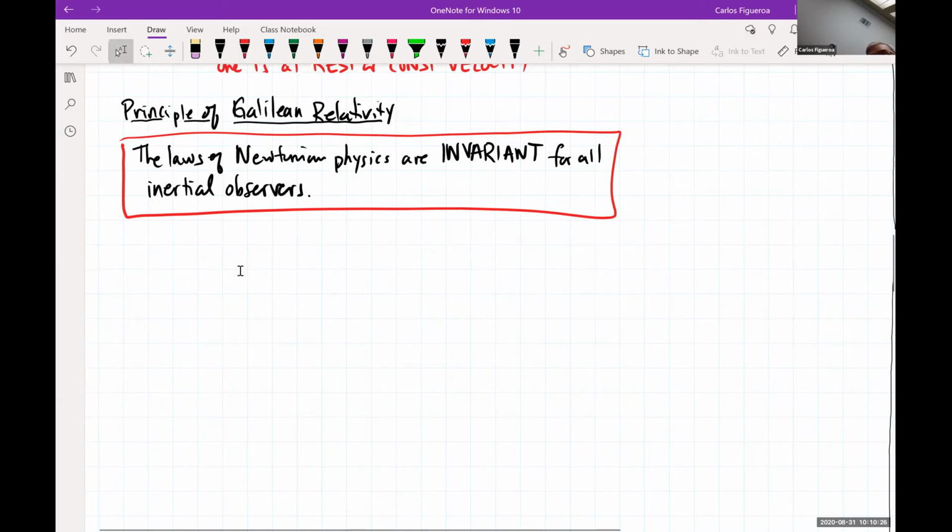What it says here is that Einstein is going to take this and say, instead of the laws of Newtonian physics, Einstein extends it and says the laws of physics, all physics, including electricity and magnetism, are invariant for inertial observers.